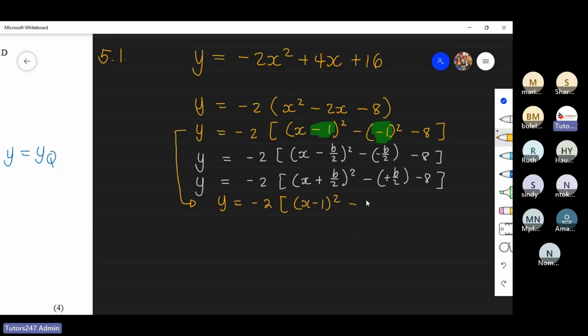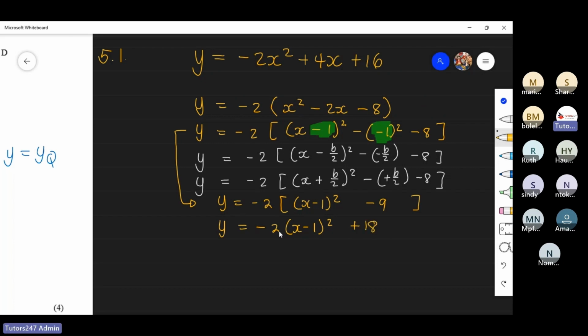So we bring down the negative, we bring down the answer to -1 all squared, and we bring down the 8. From here, we know that -1 and -8 becomes -9. From here, we can multiply this into the squared bracket. So we will therefore have -2 into x minus 1 squared plus 18.